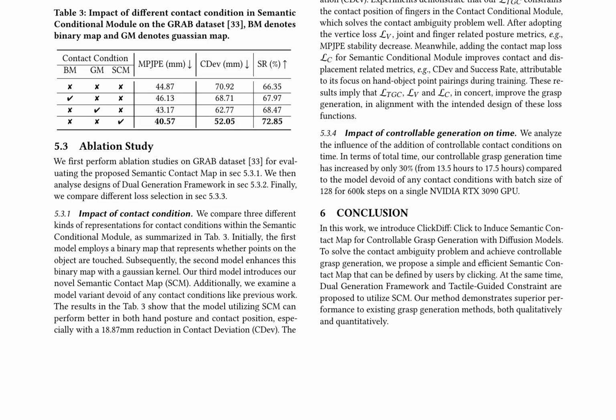The proposed method is computationally efficient, with a moderate increase in controllable grasp generation time compared to models without contact conditions. Overall, ClickDiff demonstrates superior performance to existing grasp generation methods, both qualitatively and quantitatively, and has the potential to enable more accurate and controllable robotic grasping in real-world applications.